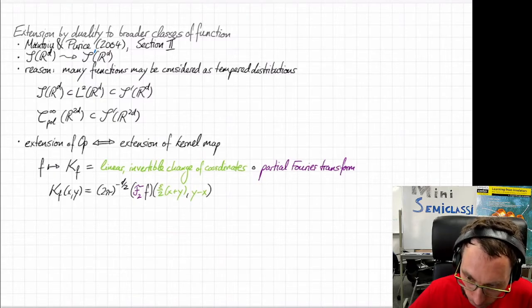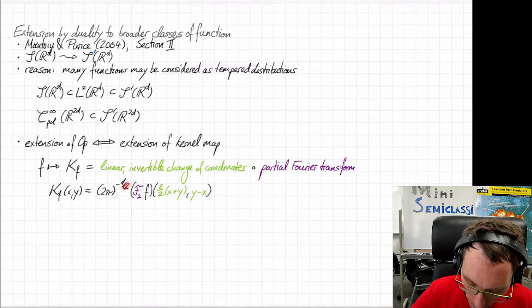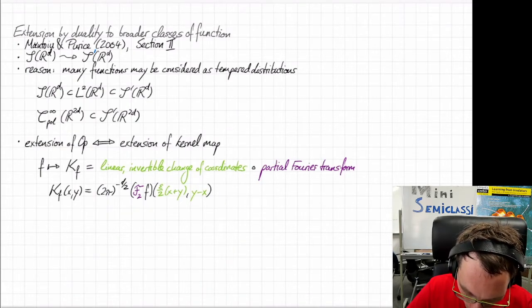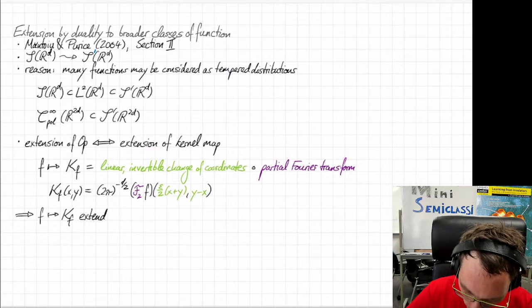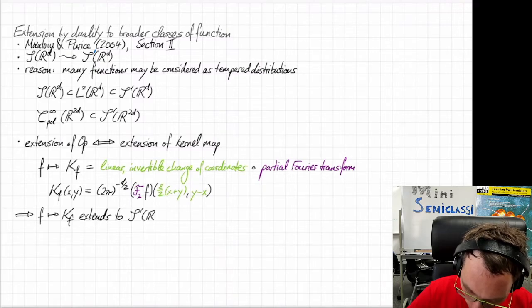So up to this constant prefactor, which is also not an issue, we can immediately explain why the kernel map, and hence Weyl quantization, extends to S prime over R^2d.